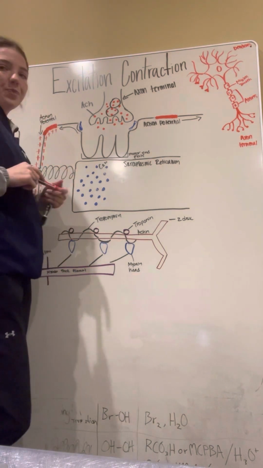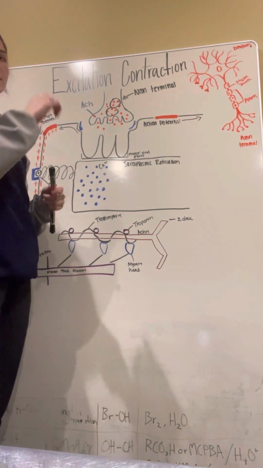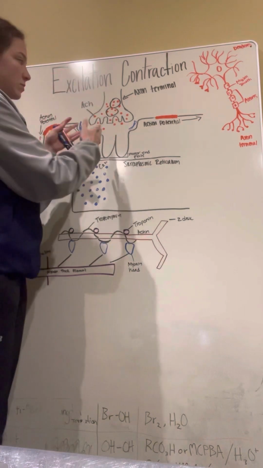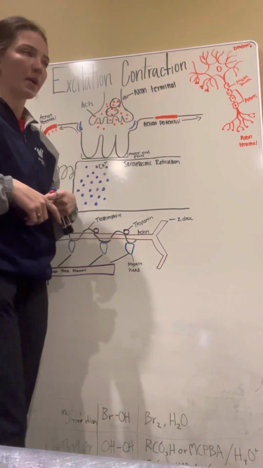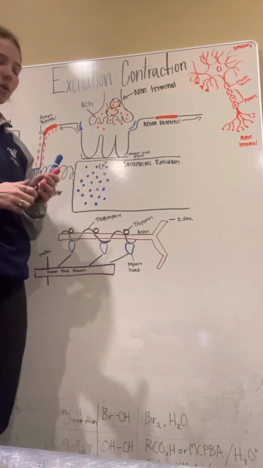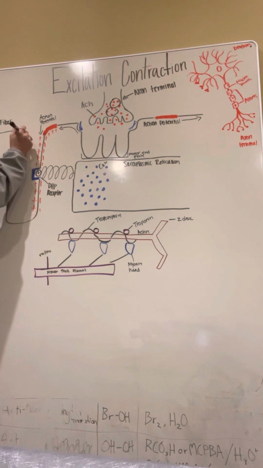So, the action potential is going to continue on once it has crossed this little gap that we have here. It's going to go on down to the plasmalemma, and it's going to go on down to the T-tubules. So over here, if you can see, we have the T-tubules.